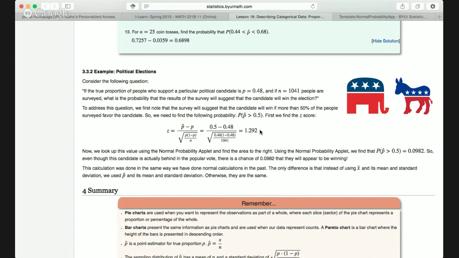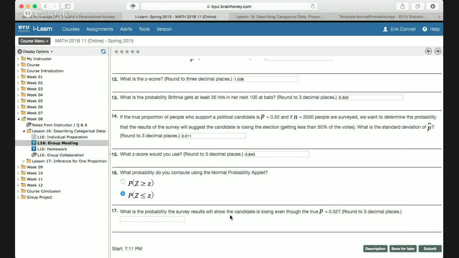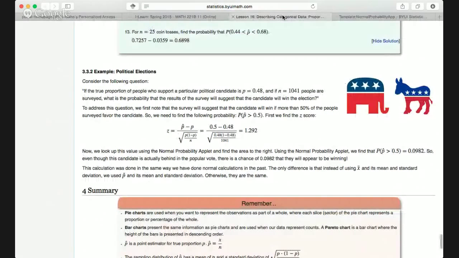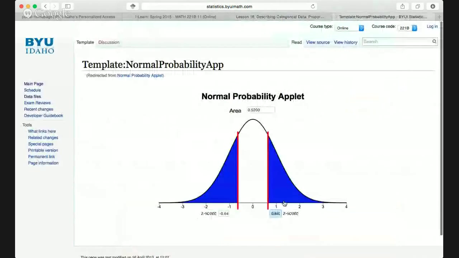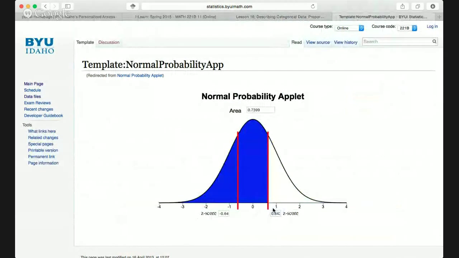So if we plug that z-score in and highlight everything to the left of that, that area should be the margin that he's losing, right? Okay. And then maybe we can do something with that. Yeah, I think that makes sense.